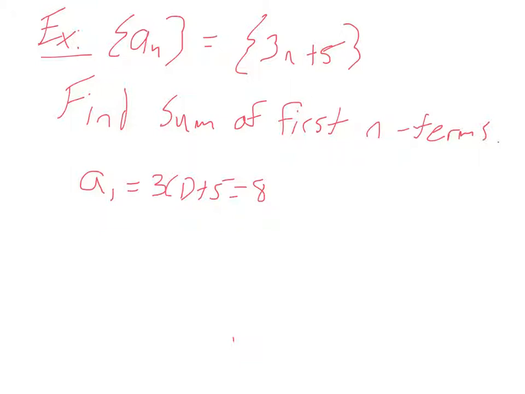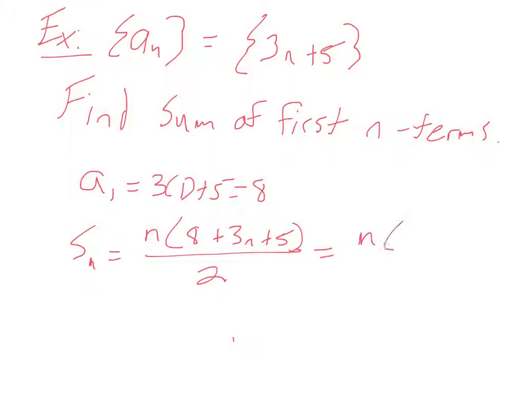So the sum of the first n terms is going to be n times a sub 1, which is 8, plus 3n plus 5, which is a sub n, all over 2. Right? And so we could, of course, go ahead and simplify that if we wanted to. And we'd get n times 3n plus 13 over 2.